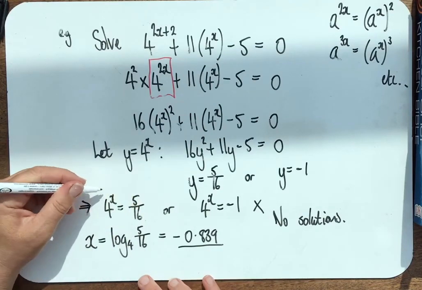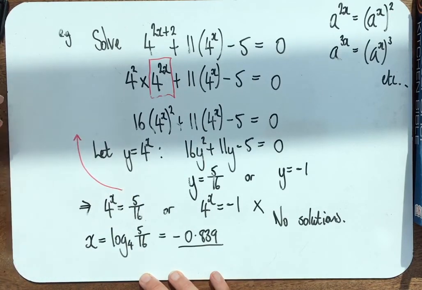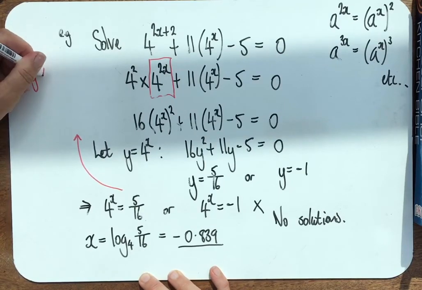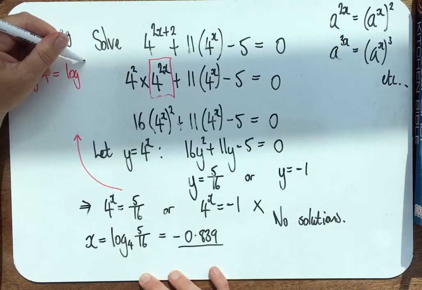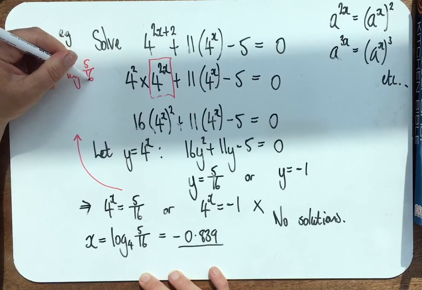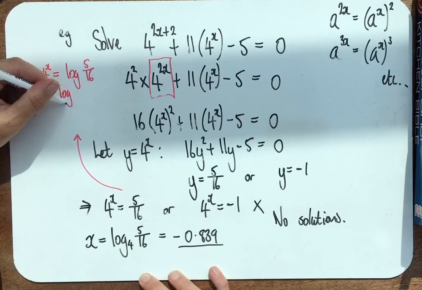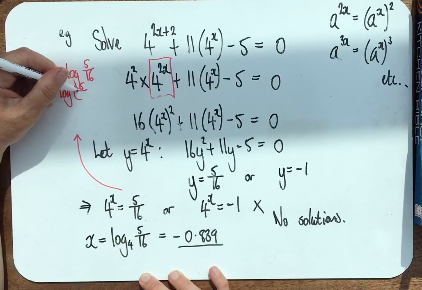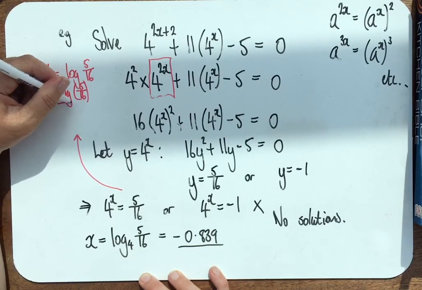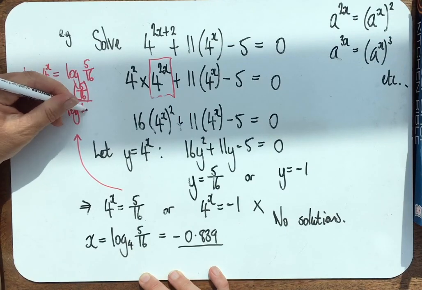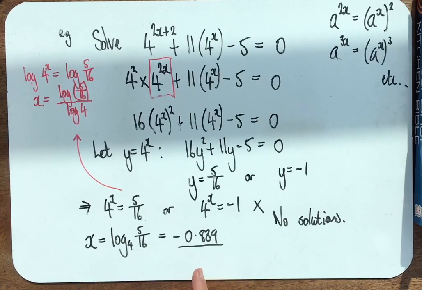Solving this bit here, if you prefer, you can take logs both sides and do log 4 to the x is equal to log 5 over 16. Bring down the power, so x is log of 5 over 16 over log 4, and that will also give you negative 0.839.